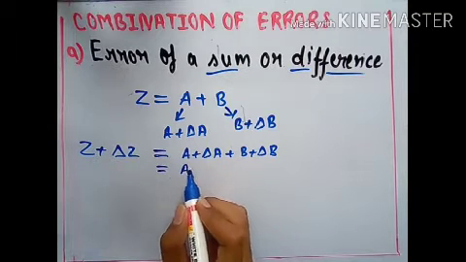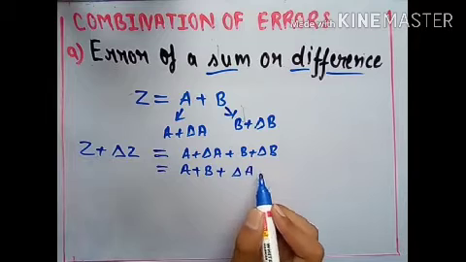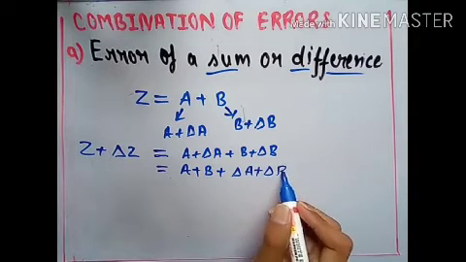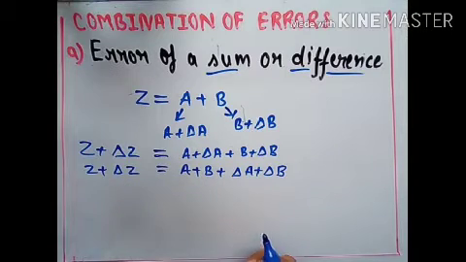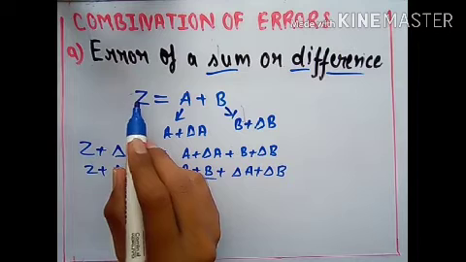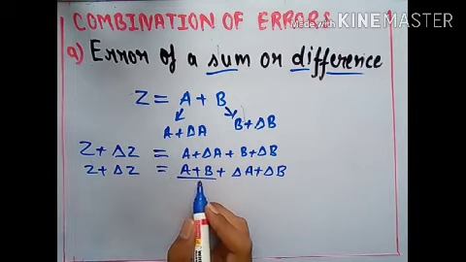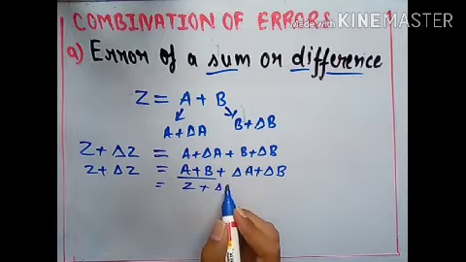So let me combine it: a plus b plus delta a plus delta b, z plus delta z. Now look here, a plus b is equal to z. So in the place of a plus b you can simply put z, can you?